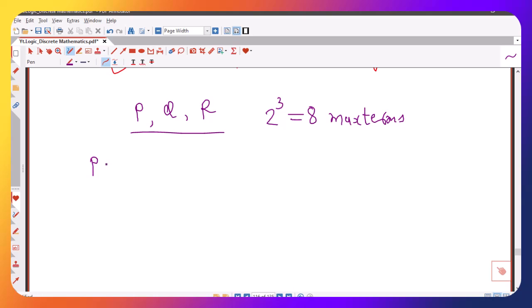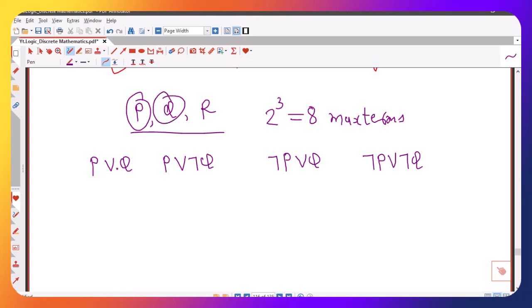First I write for p and q: p or q, then p or negation q, then negation p or q, and negation p or negation q. These are the max terms for two statement variables.